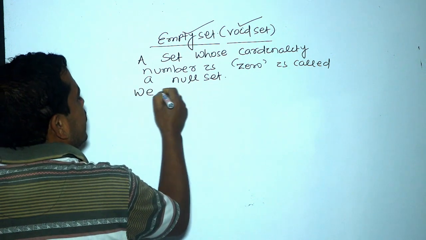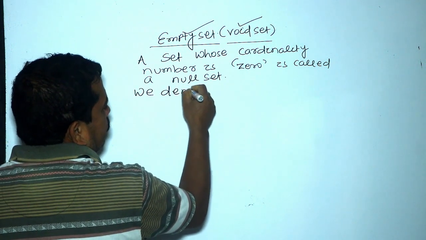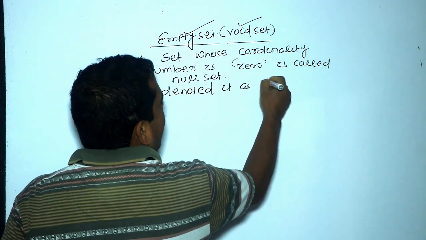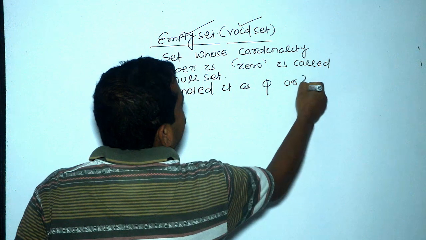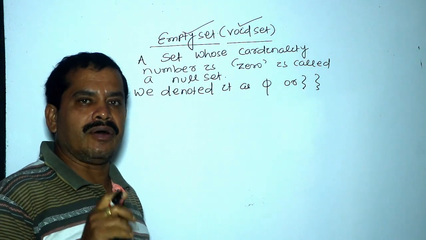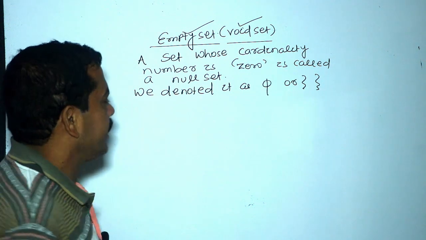We denote it as phi or empty brackets. That is the null set or void set or empty set.